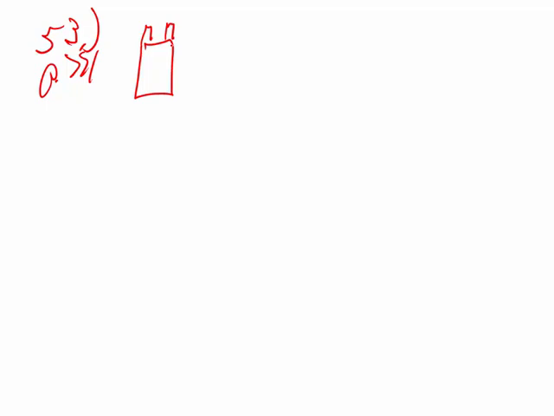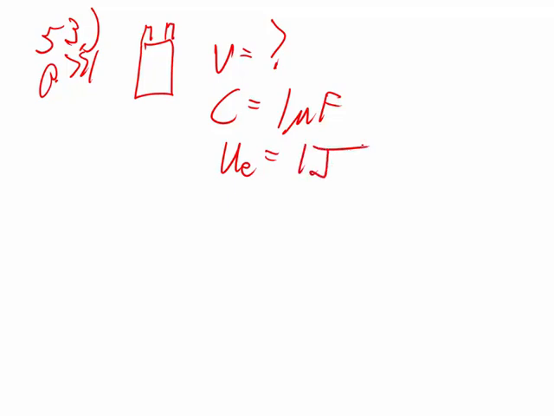So it tells us we want to know what potential, so we want to know the voltage, would you need to charge a 1 microfarad capacitor. So the capacitance of this capacitor is 1 microfarad, that's 10 to the negative 6, to store electric potential energy of 1 joule. We have two or three different equations that deal with the electric potential energy of a capacitor.